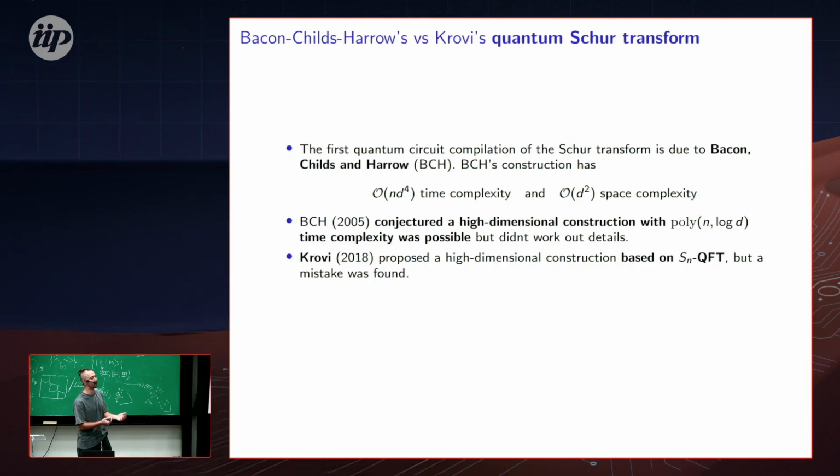You have a few copies of a very high dimensional, potentially also tensor product system, and you want to do some quantum information task on it. In that case, the polynomial in d to the 4 is kind of terrible.